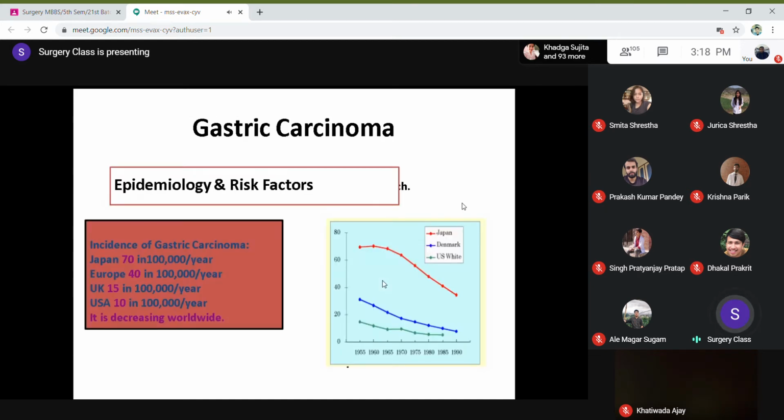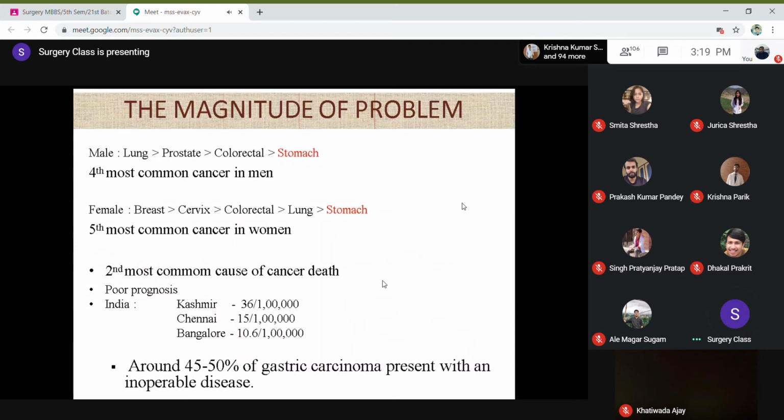If you see the incidence of gastric carcinoma, Japan has the highest incidence, followed by Europe and the UK, and the lowest is in the USA. As for the magnitude of the problem, it is the fourth most common cancer in men, after lung, prostate, and colorectal. In females, it is the fifth most common cancer: breast, cervix, colorectal, lung, and stomach.